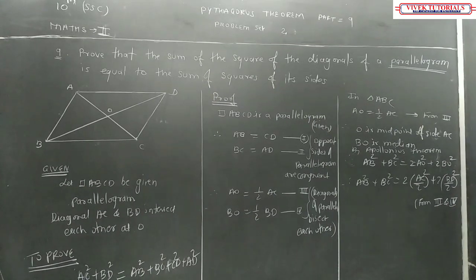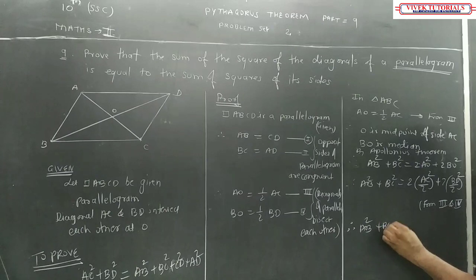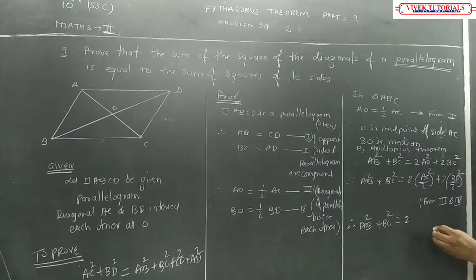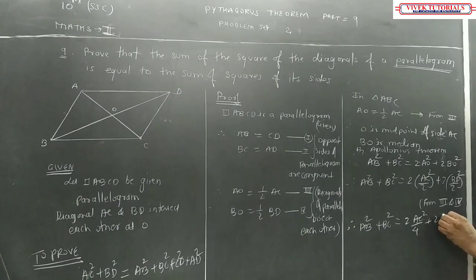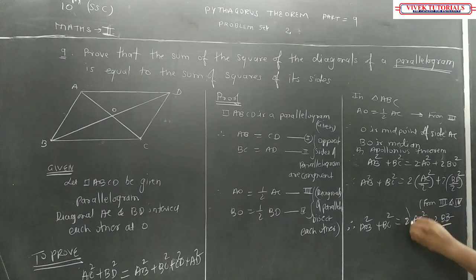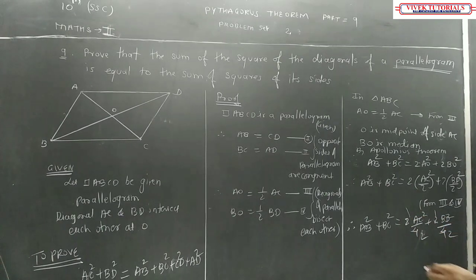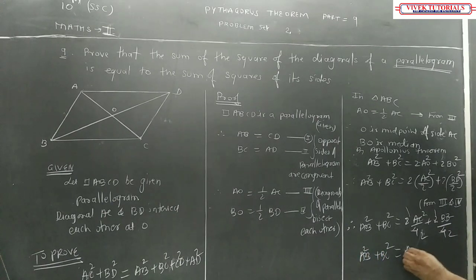So what do you got now? Therefore, AB square plus BC square is equal to 2AC square by 4 plus 2BD square by 4. So this gets cancelled. So what you got now? AB square plus BC square is equal to AC square by 2 plus BD square by 2. Have you understood this?